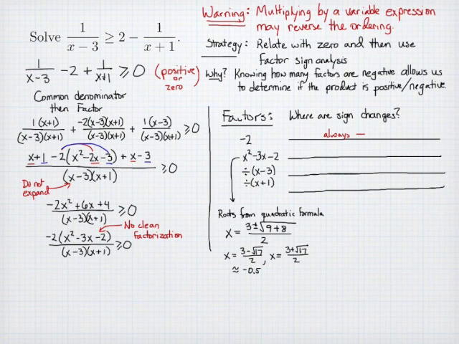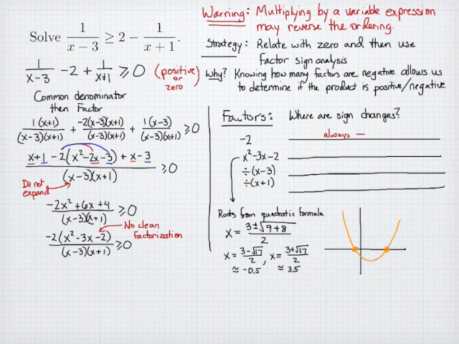You can get more decimal values from your calculator. And 3 plus the square root of 17 over 2 is approximately 3.5. If I were to graph my parabola, those would correspond to two roots where I cross my axis.